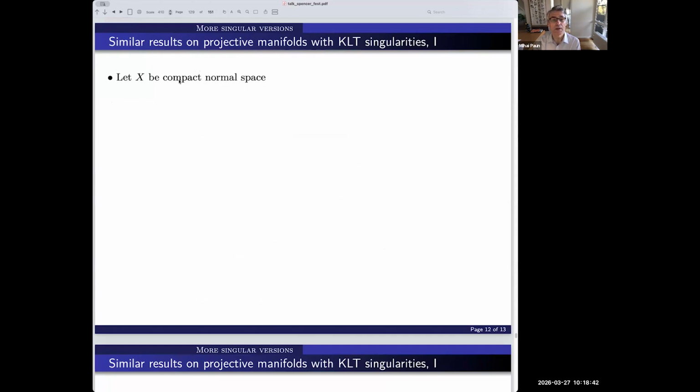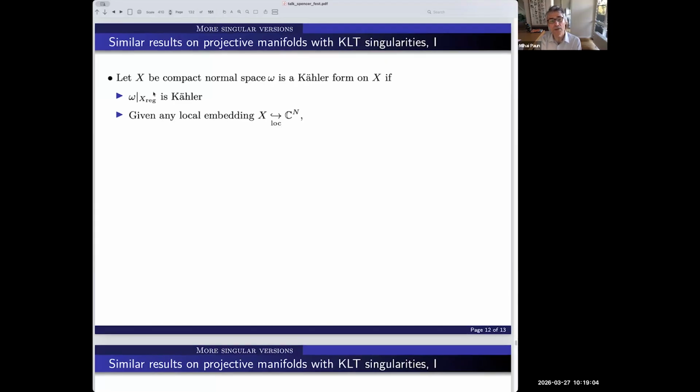So we have here a compact normal space X, and then we have to decide what is a Kähler form on such an object, and in general we agree that what we want is this 1-1 form to be Kähler when you restrict it to the regular part, but not only that, you want it to be compatible with the local embeddings.